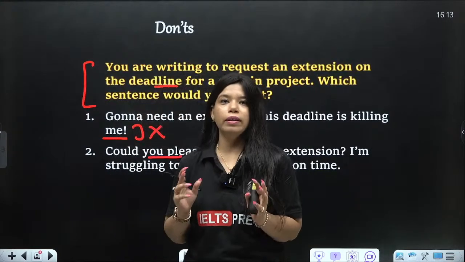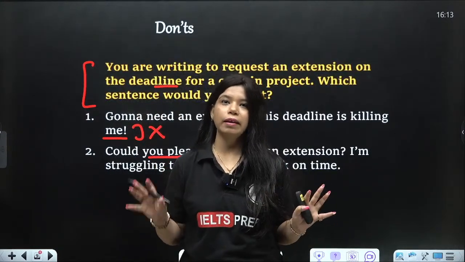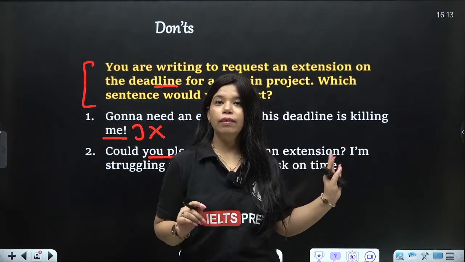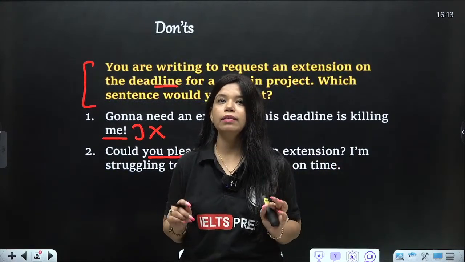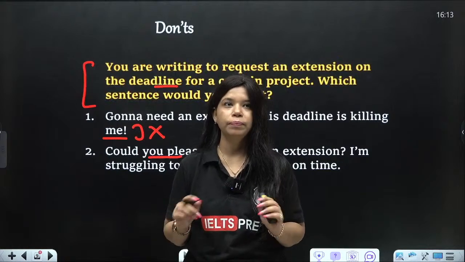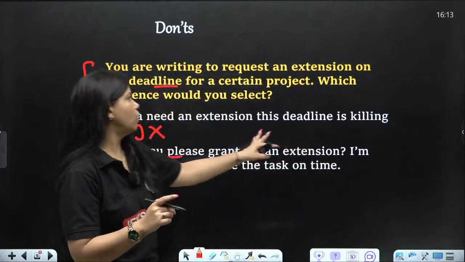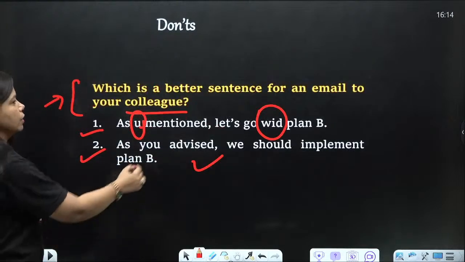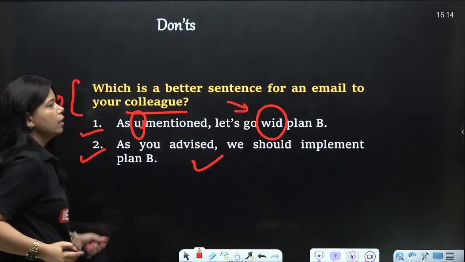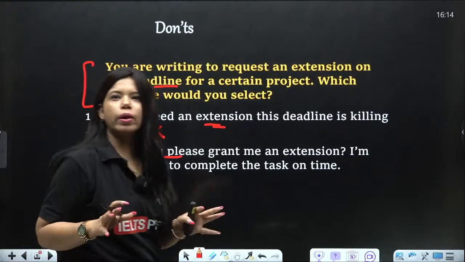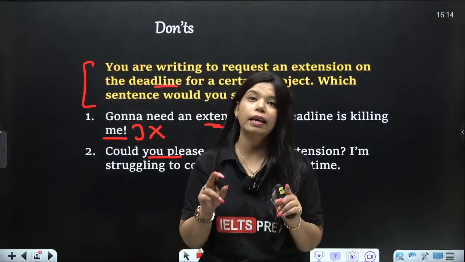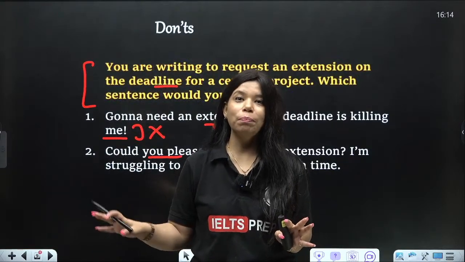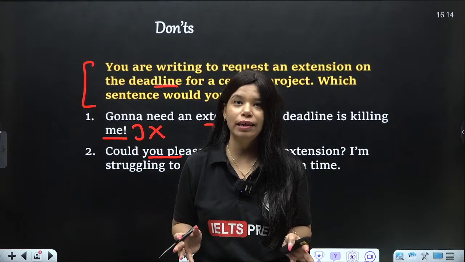If you are already clear between formal and informal language, then wonderful. If you are not clear, then focus on these kind of things and understand what is formal, what is informal. Now, informal, these kind of sentences, like this one, as you mentioned, let's go with plan B. This kind of language is okay to use in WhatsApp, lekin WhatsApp par bhi, you cannot use this language with somebody who you share a professional relationship with.